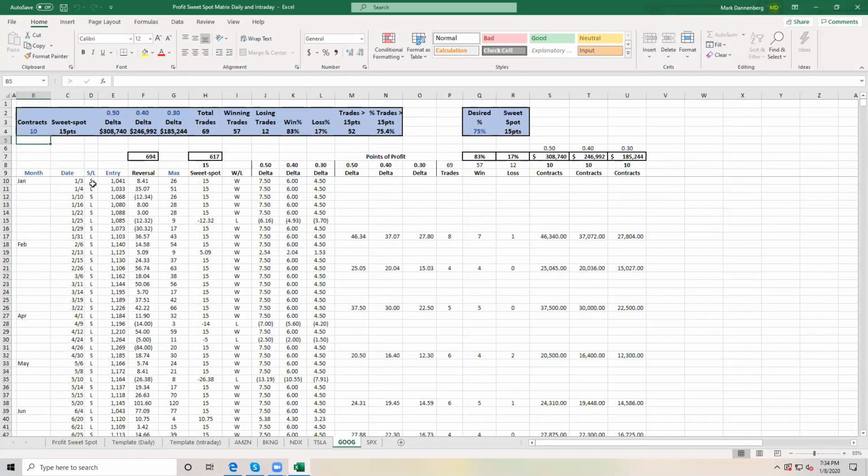You're going to see the detail of the dates of every single daily cross, and we're going to teach you how to read those daily crosses and how to understand what to do with them in the masterclass. We've created a tool for you that shows however many contracts you want to trade.